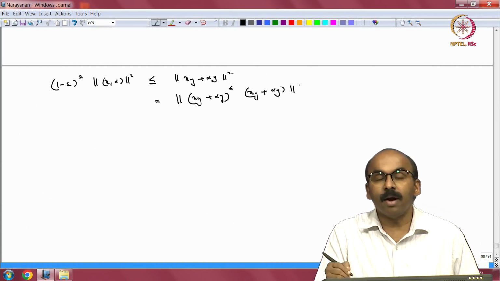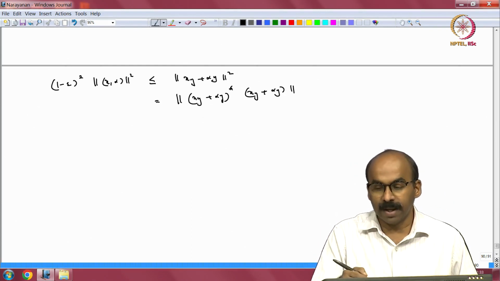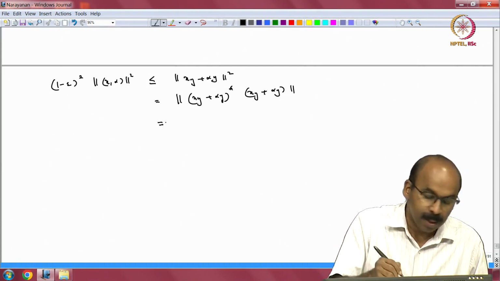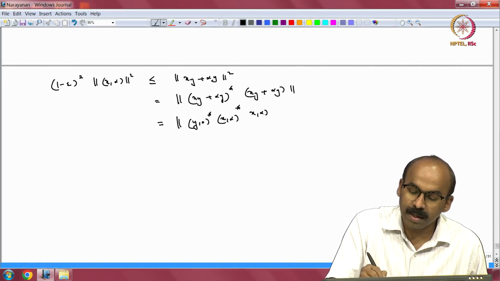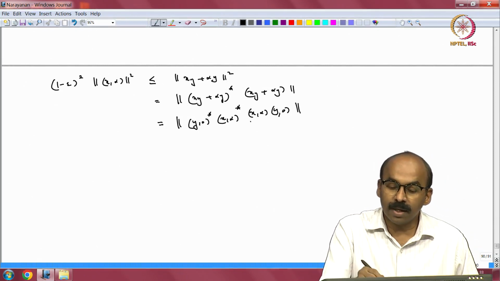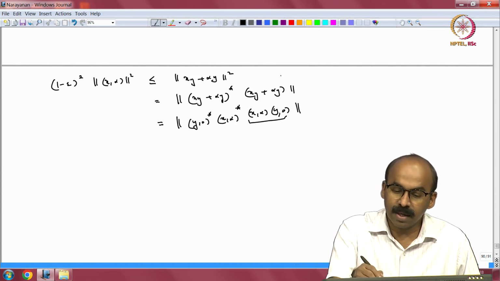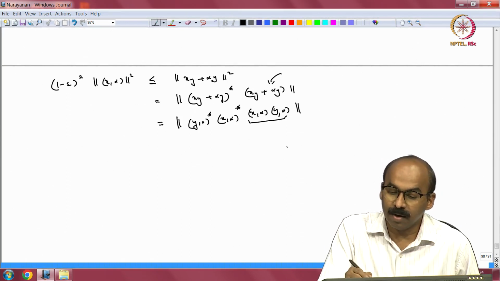Okay. So, now I am going to write down some identity which is easy to check. It just follows from the way you multiply things. So, this is equal to the norm of (y, 0) star times (x, alpha) star (x, alpha) (y, 0). If you look at this portion you will see what is happening: (x, alpha) into (y, 0) is whatever is here, and whatever is on the left of it is the star of that element.